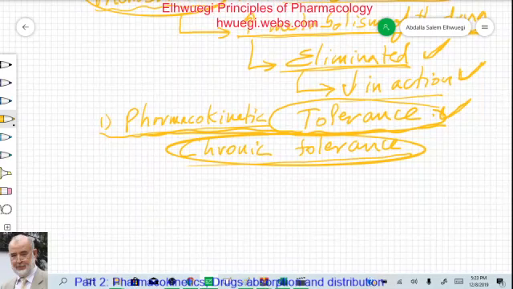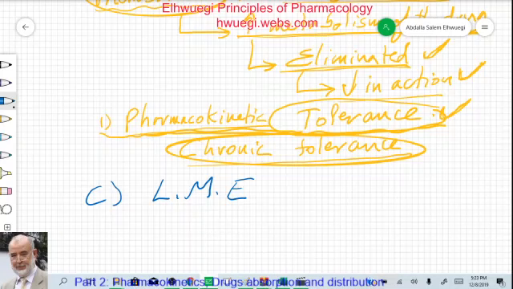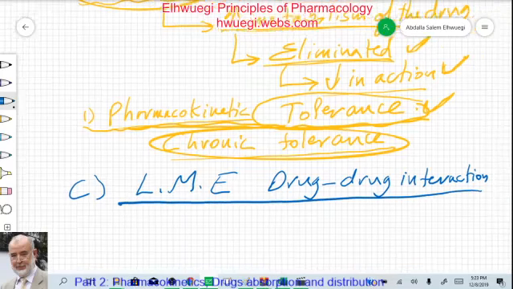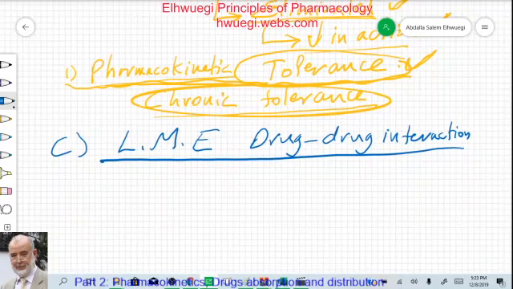The third thing I should remember about liver microsomal enzymes is drug-drug interaction. It is a site of drug-drug interaction. Drug-drug interaction means that I am taking two drugs at the same time and an interaction will take place between them.